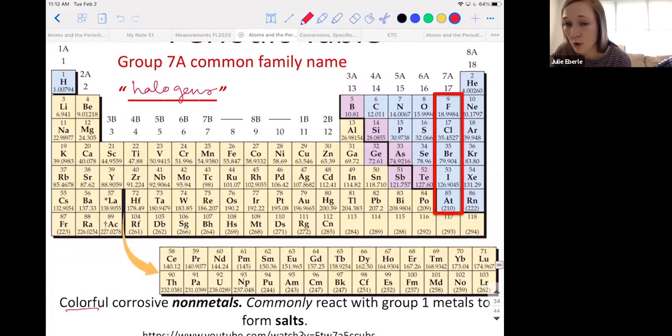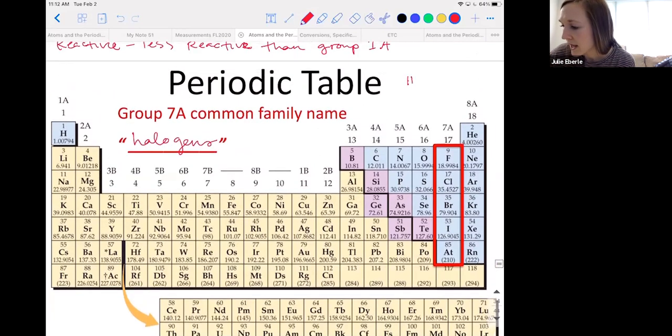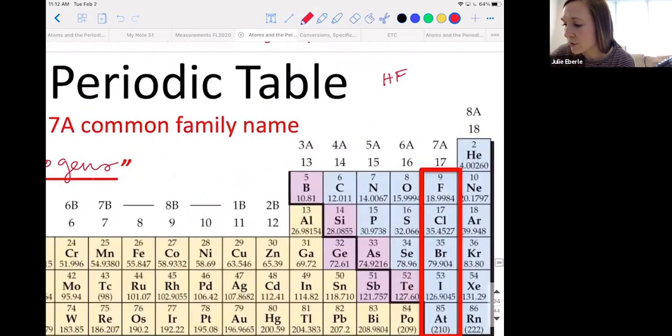They are colorful, corrosive nonmetals. So most of them are gases or liquids at room temperature. And corrosive, what does that mean? Something that's corrosive eats away at things that it comes into contact with. And think about this. If we put any of these elements with hydrogen, look at what we have. HF is called hydrofluoric acid.